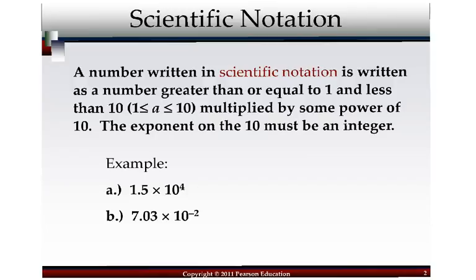And that's what is expressed down here. These examples are written in scientific notation, because you can see that this right here, 1.5, is something between 1 and 10, and then it's multiplied by a power of 10. Same thing goes with part B right here. That is also a number between 1 and 10, and then multiplied by a power of 10.